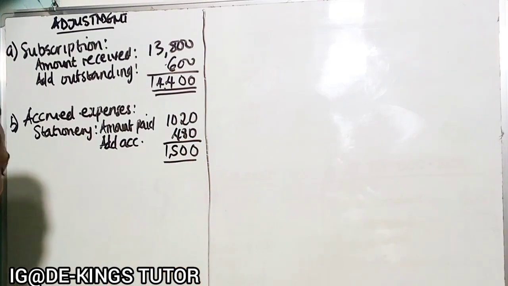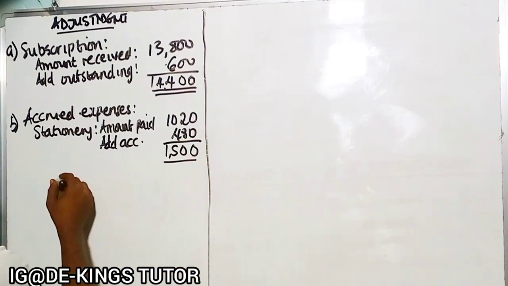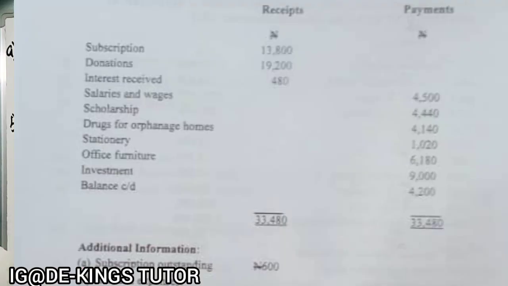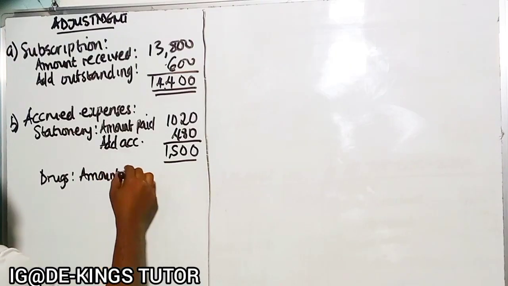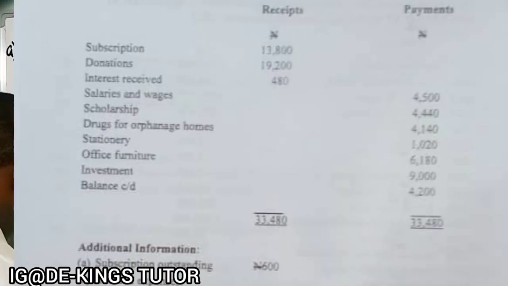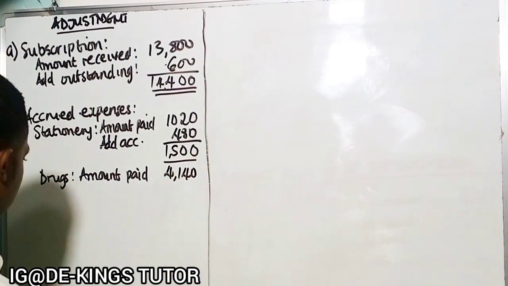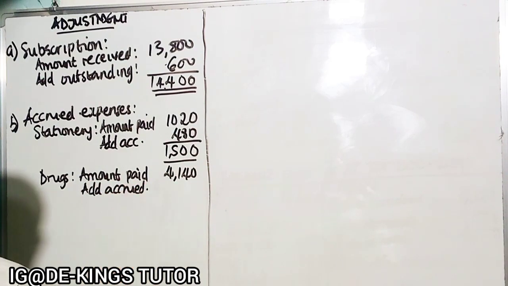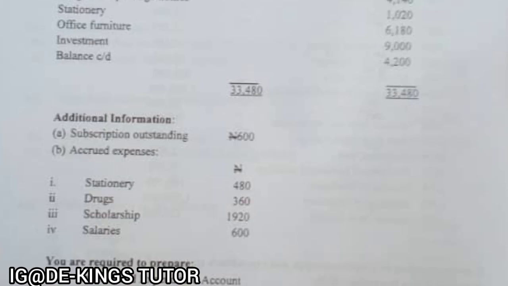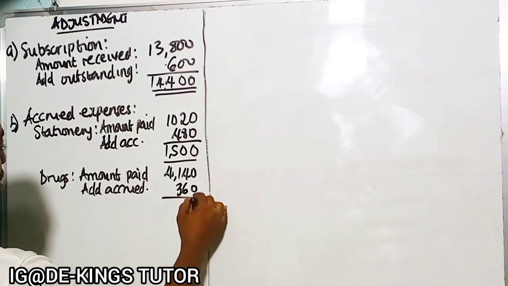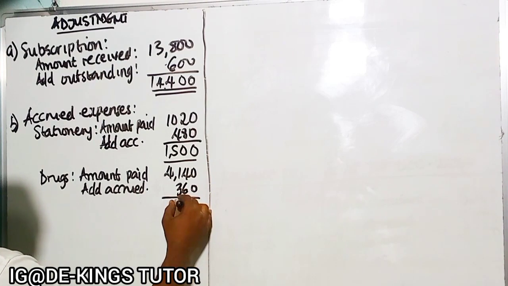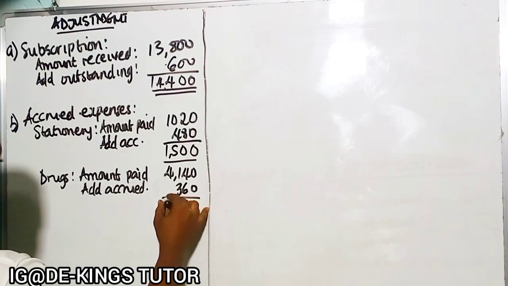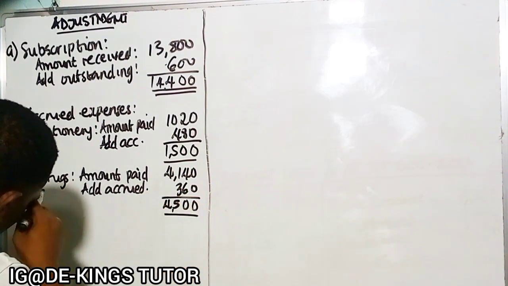That's 1,500. That's stationery. Then the next one is drugs. We have amount paid 4,140. And the next one is we'll add accrued, which is from the additional information, which is 360. So this is 0, this is 0, this is 5, and this is 4. So that's 4,500. Okay.